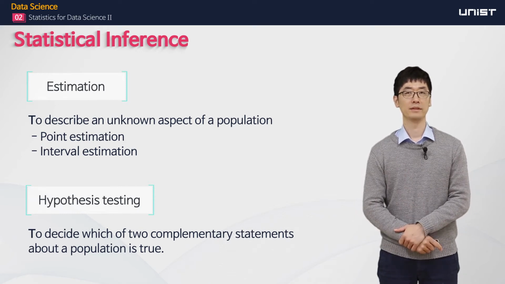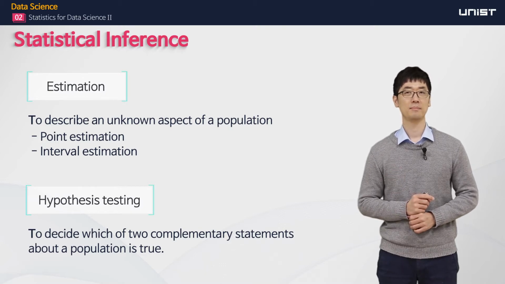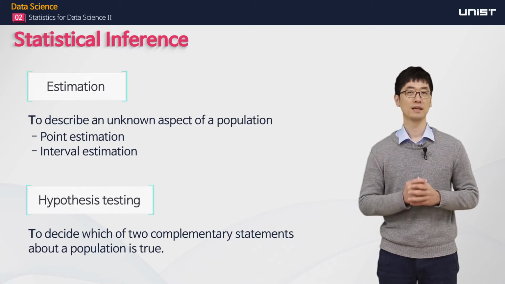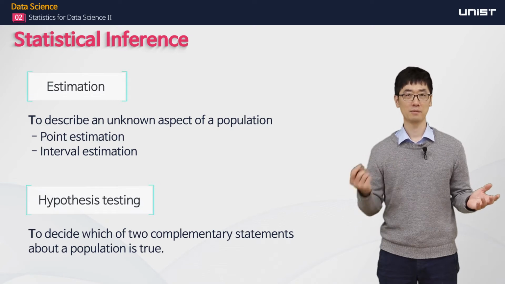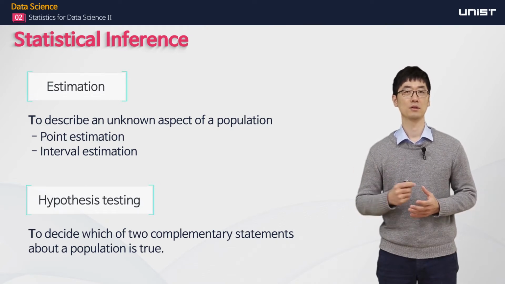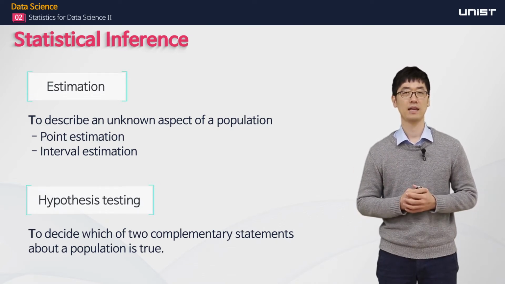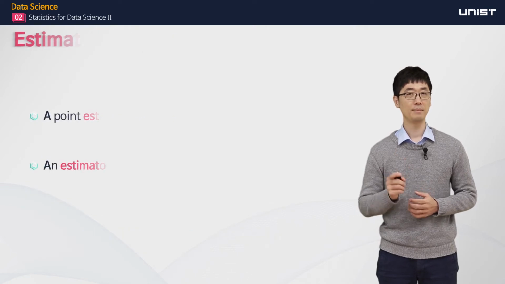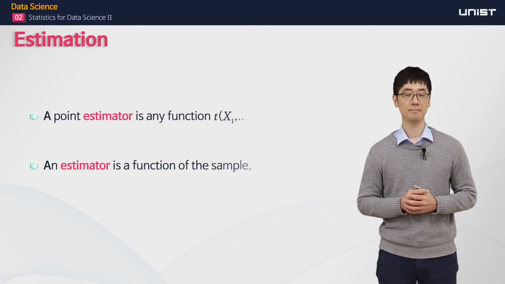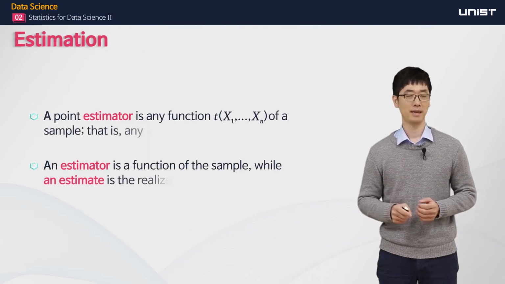Today we focus on estimation in this video clip. Estimation can be of two types: point estimation and interval estimation, depending on the goal of that application. Let me define a point estimator and point estimate.